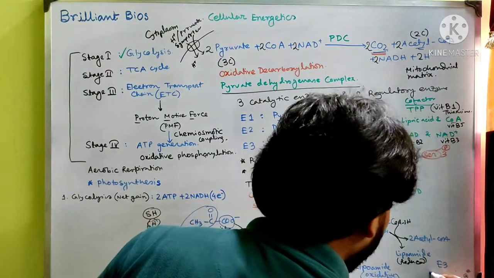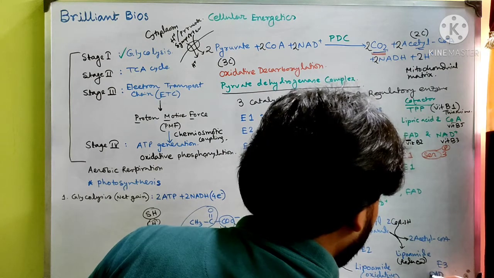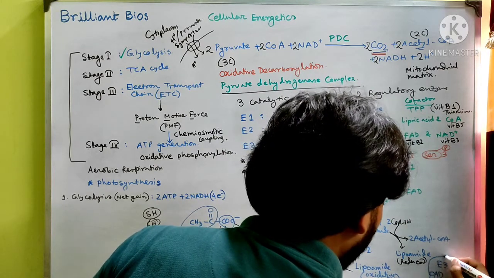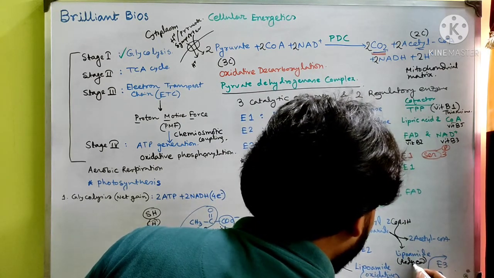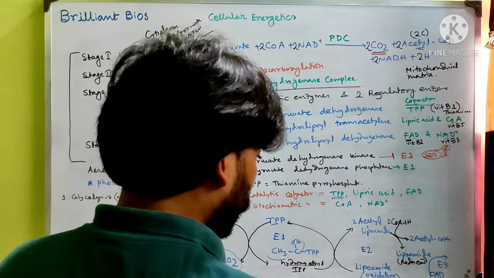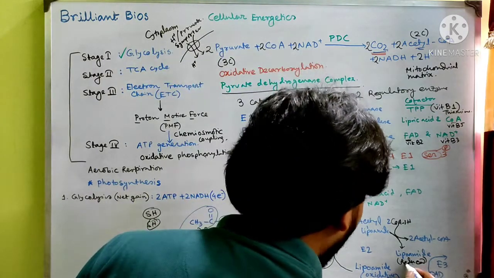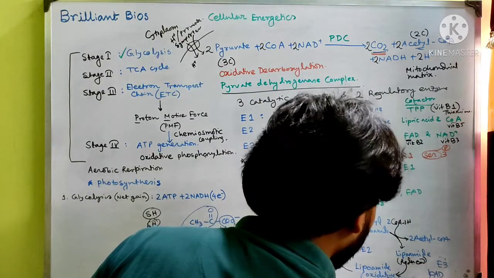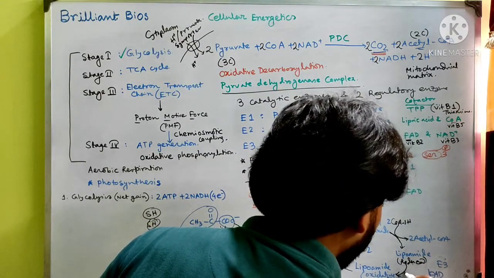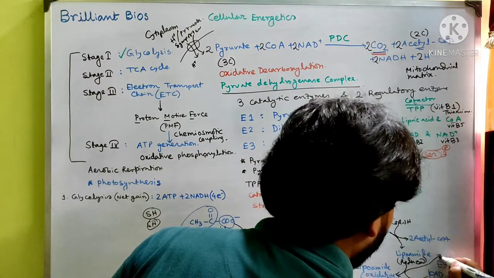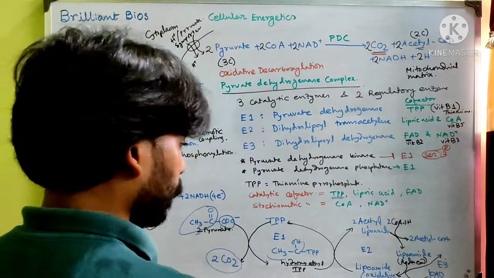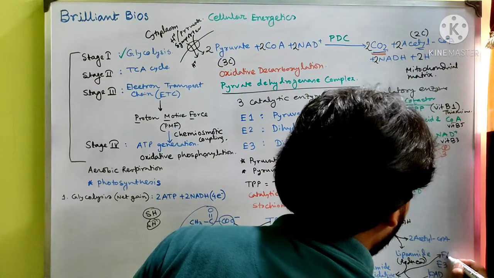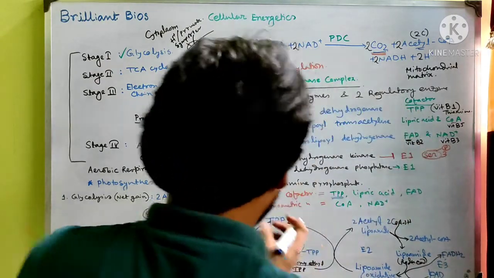The FAD takes the hydrogen and helps in the transformation of this reduced lipoamide to oxidized lipoamide. So the arrow should be from here. So FAD transforms into FADH2. You have to understand this.